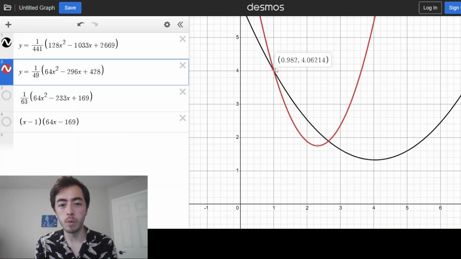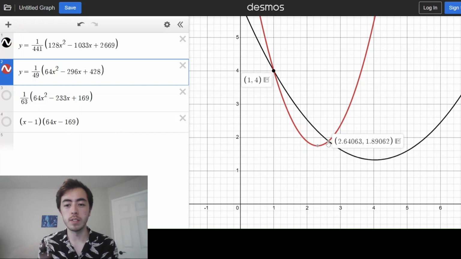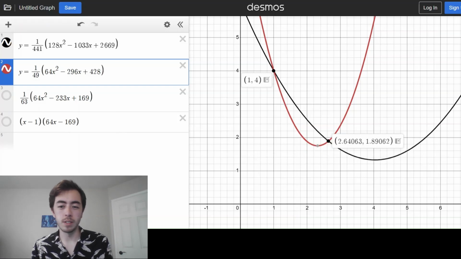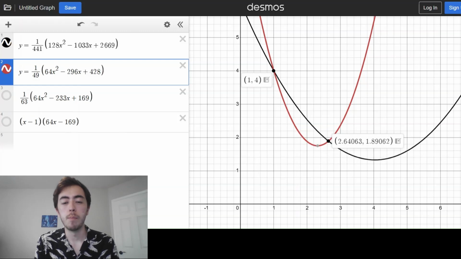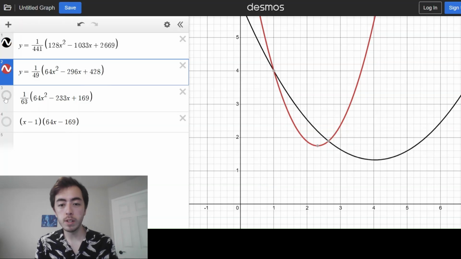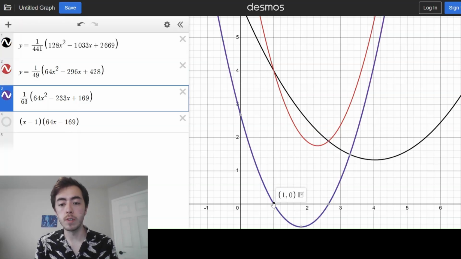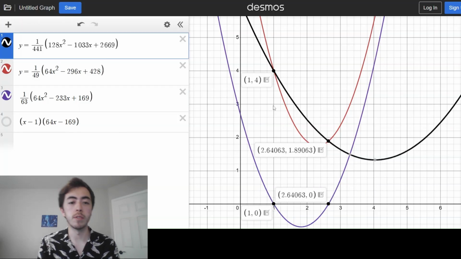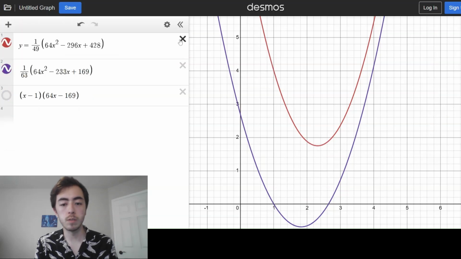So we still have the 1, 4, and we still have this kind of weird number that doesn't really quite fit with anything. But once you have two parabolas, you can set them equal to each other and figure out a third parabola whose x-intercepts basically match the intersection points of the two parabolas from before. So I'll just delete those.